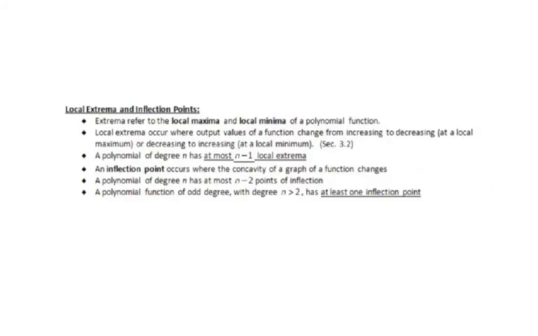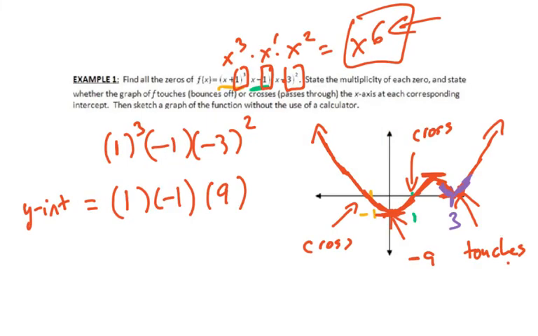A polynomial of degree n has at most n minus 1 local extrema. So if you have the degree, then n minus 1 would give you the local extrema. And this is kind of intuitive. So where you cross, let's go back. In this picture you're crossing here, here, and here.